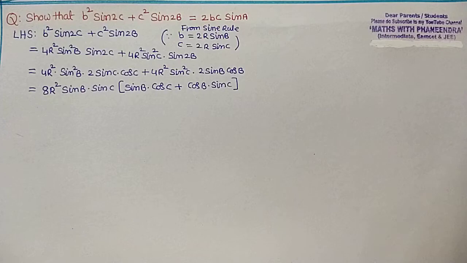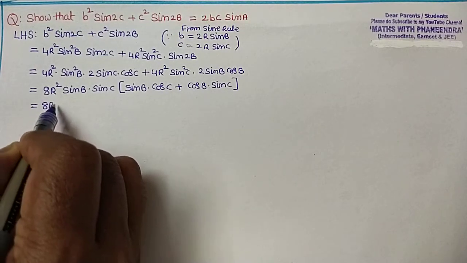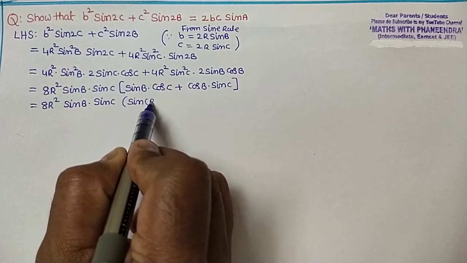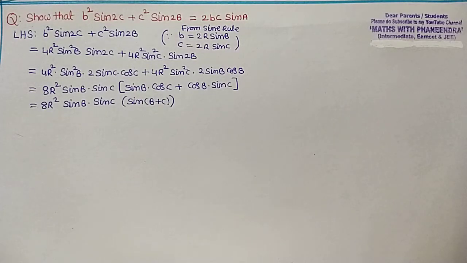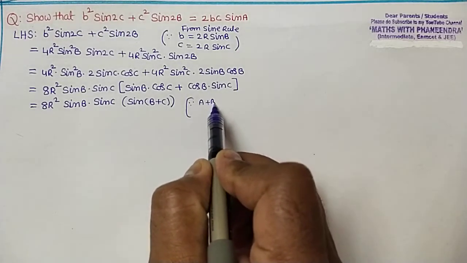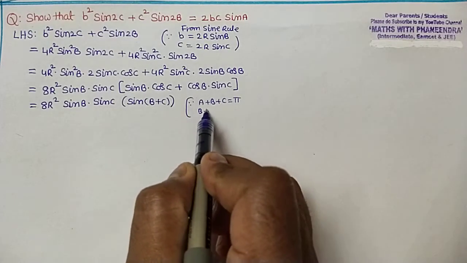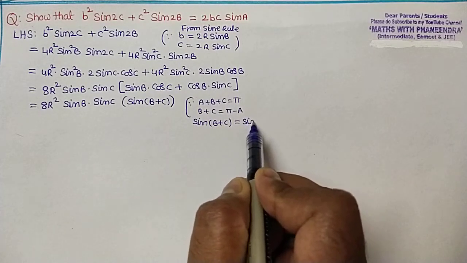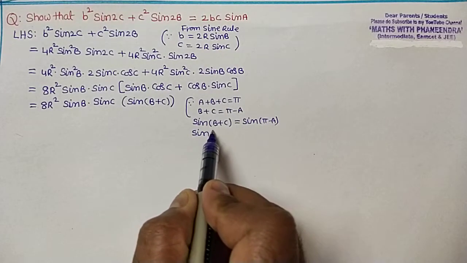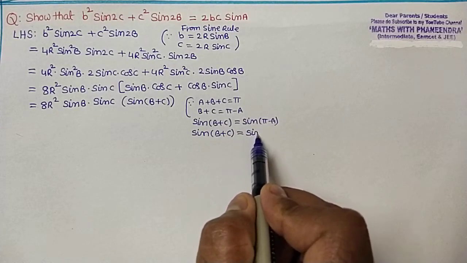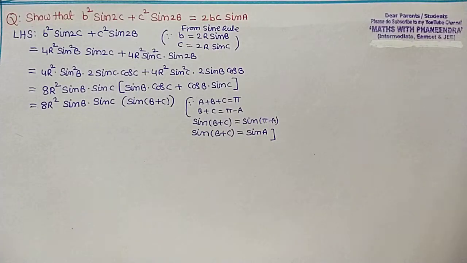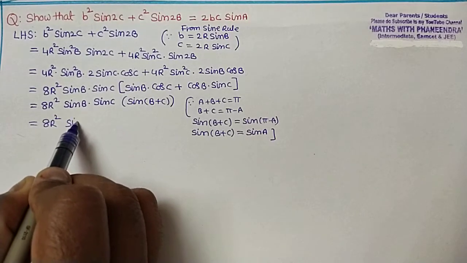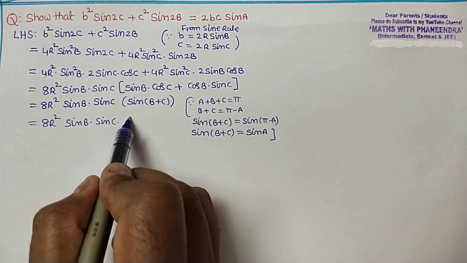So this bracket value is the formula for sin of B plus C. Now 8R square sin B into sin C, this bracket value is sin of B plus C. Since A plus B plus C is equal to 180, 180 means pi, B plus C is equal to pi minus A, taking sin on both sides, sin of B plus C equal to sin of pi minus A. So sin of 180 minus theta is sin theta, so sin of pi minus A equal to sin A. So in place of sin of B plus C, you have to write sin A. Therefore, it becomes 8R square sin B into sin C into sin A.